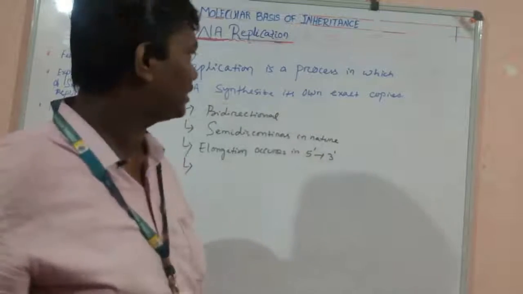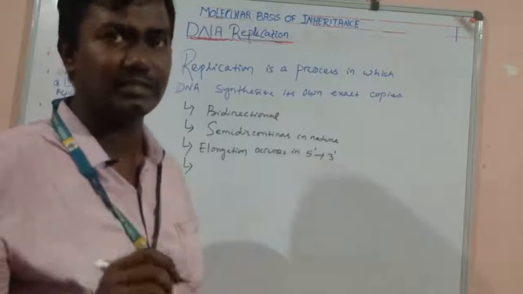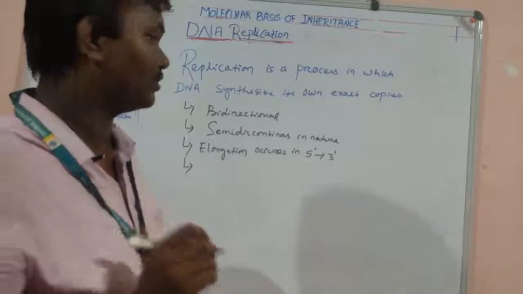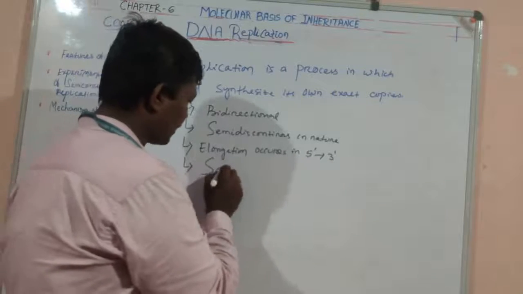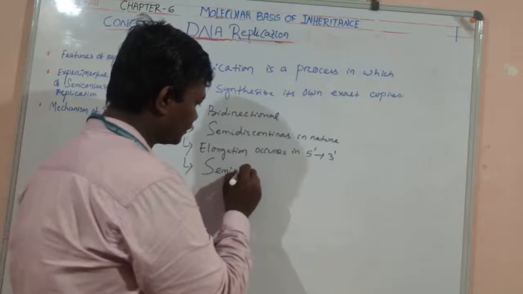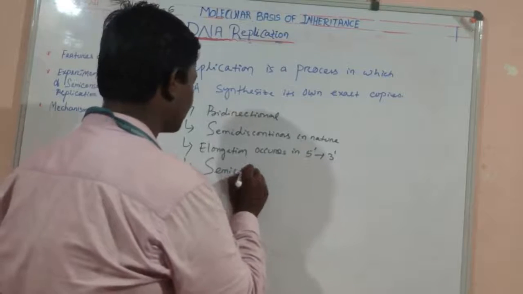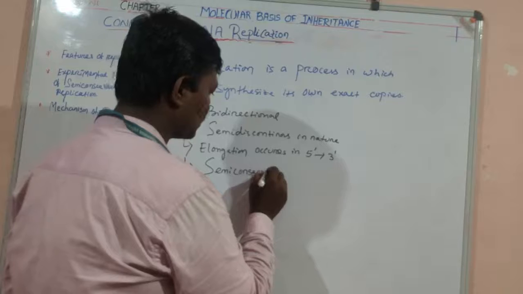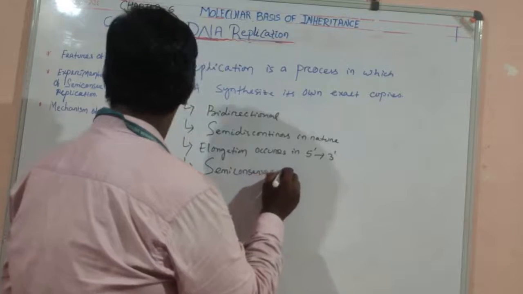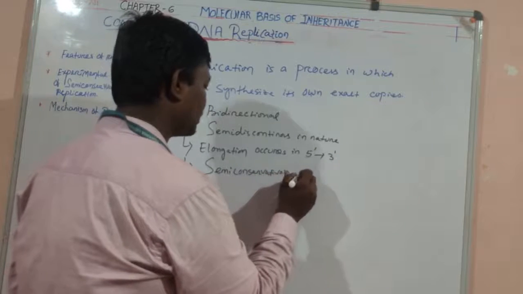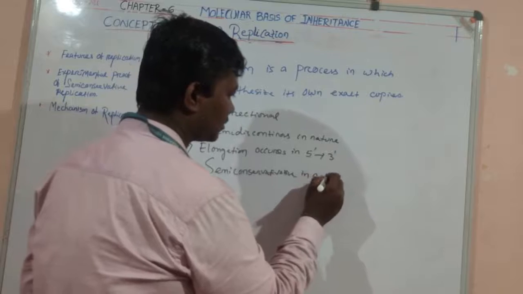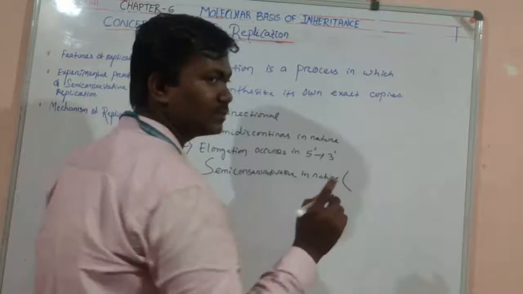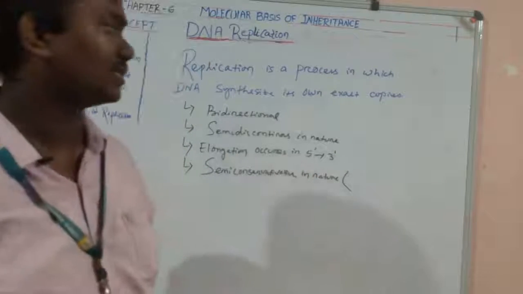Most important is DNA replication is semi-conservative in nature, which is proposed by Watson and Crick.